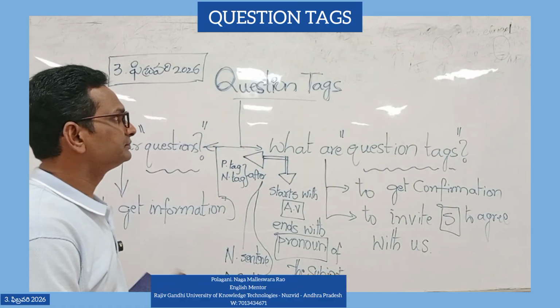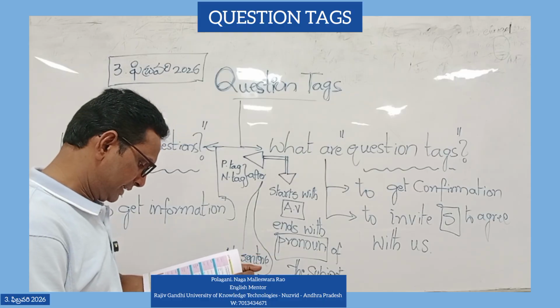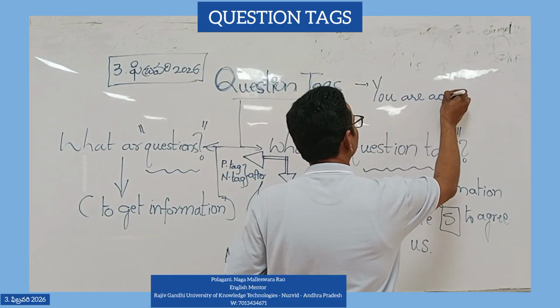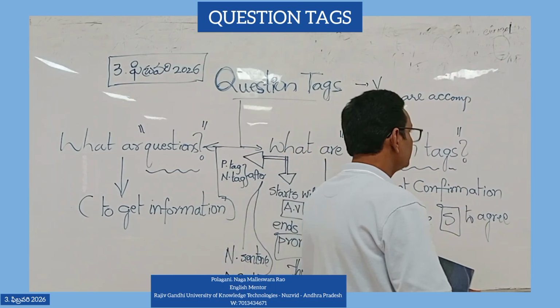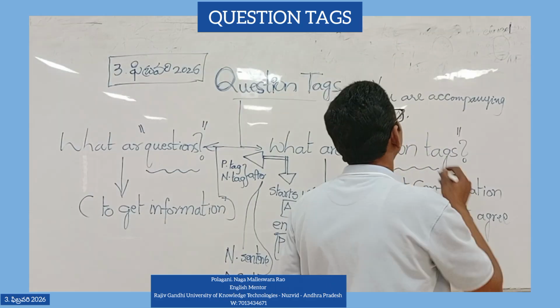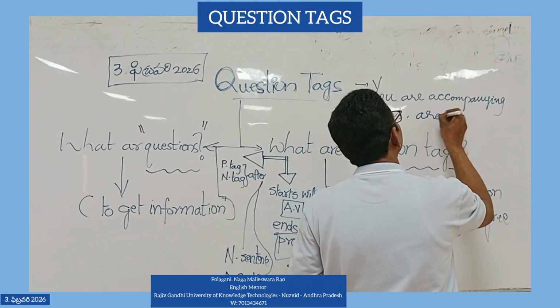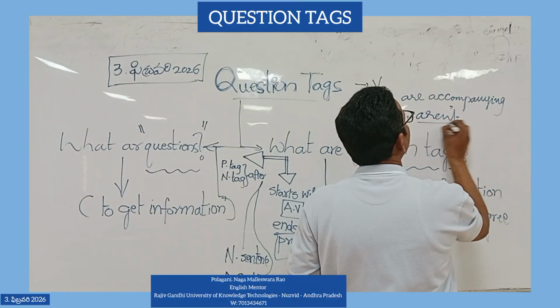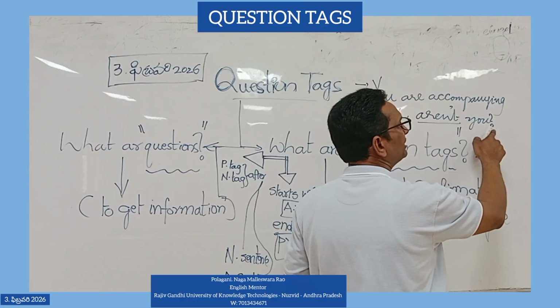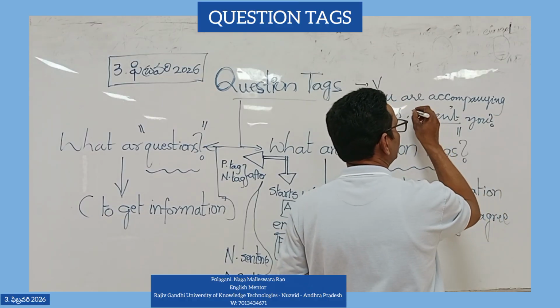For example, you are accompanying us, aren't you? This is very important. Aren't you? At the end, we have to keep a question mark because it's basically a question.